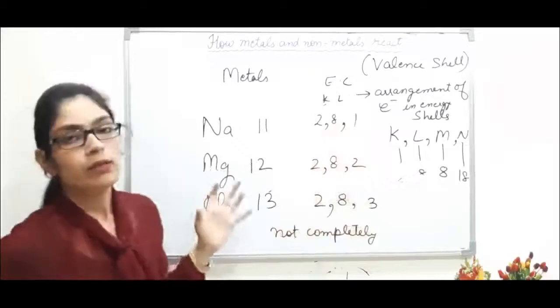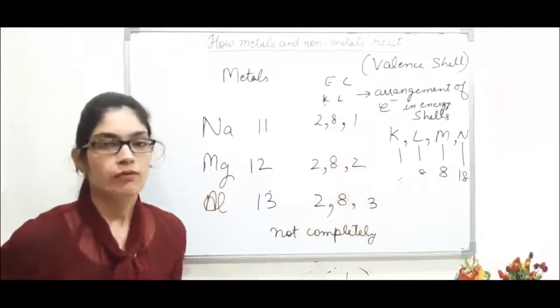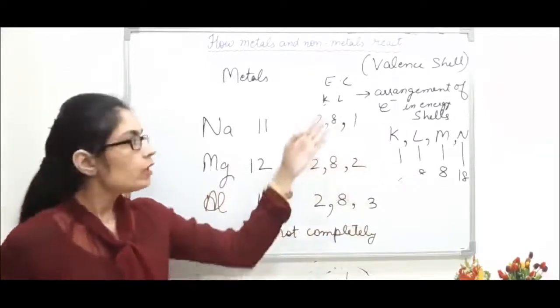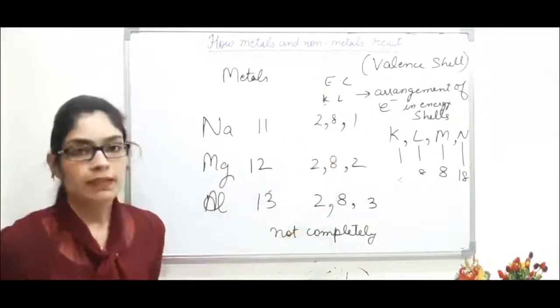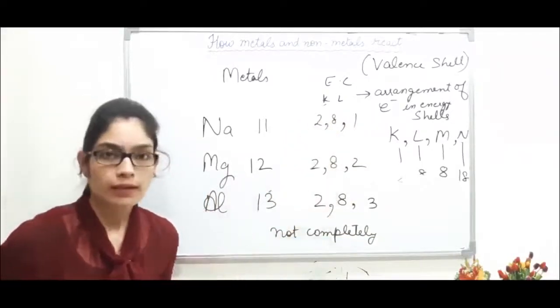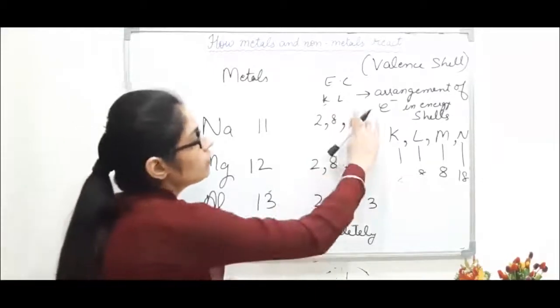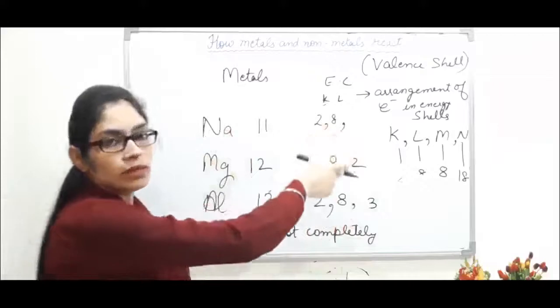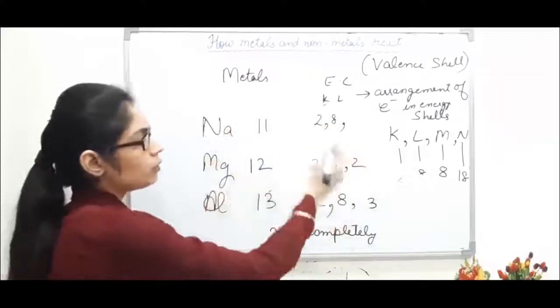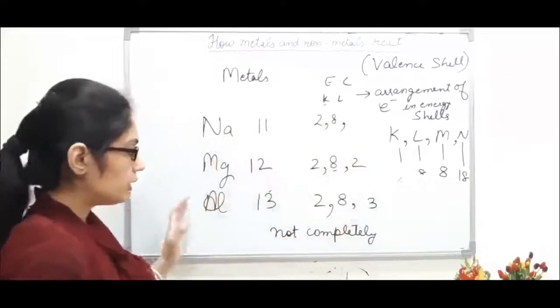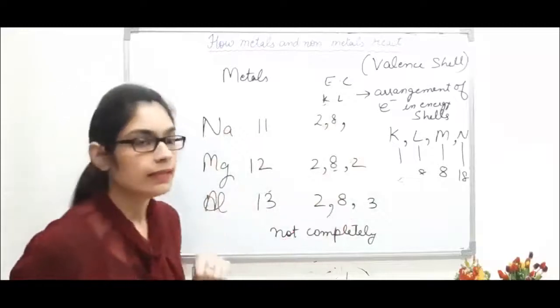So in order to attain noble gas configuration, we have already seen in noble gases, outermost shells were completely filled. So in order to attain noble gas configuration, or we can say in order to attain stability, sodium needs 8 electrons in the outermost shell, magnesium also needs 8 electrons in the outermost shell, and aluminium also needs 8 electrons.